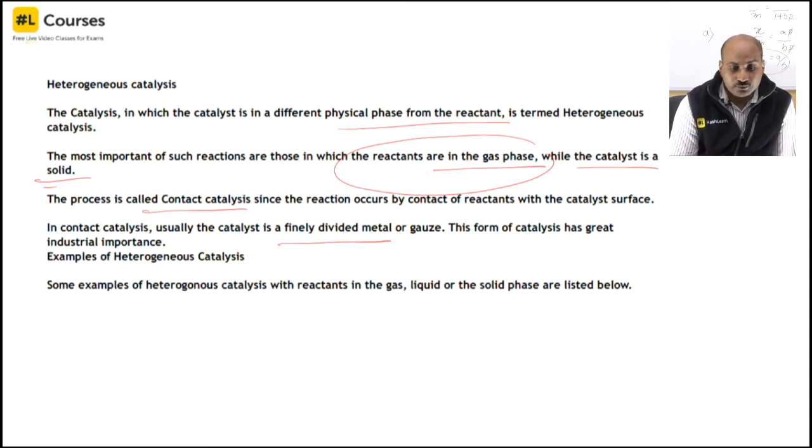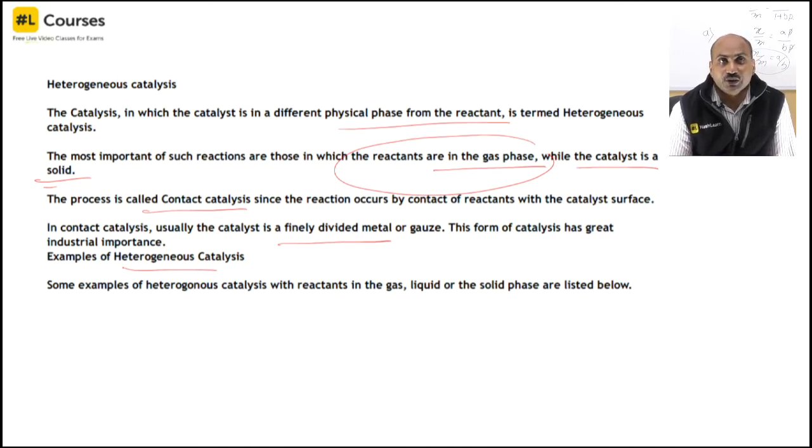Now, why does heterogeneous catalysis find a lot of application in industry? The question goes like this: why might it have so much industrial importance? The basic reason is that the product we get is in a different form compared to your catalyst, thereby very easy to separate.